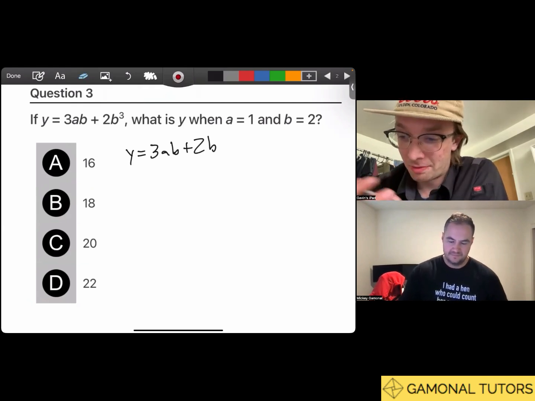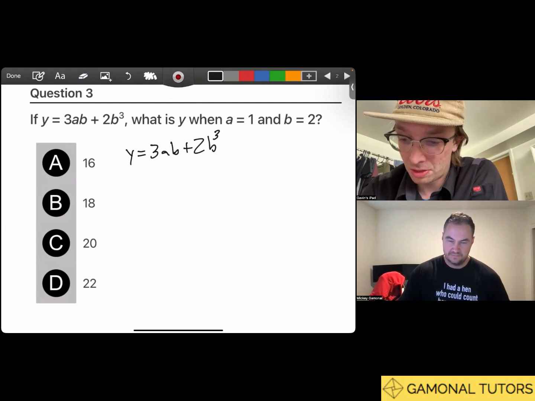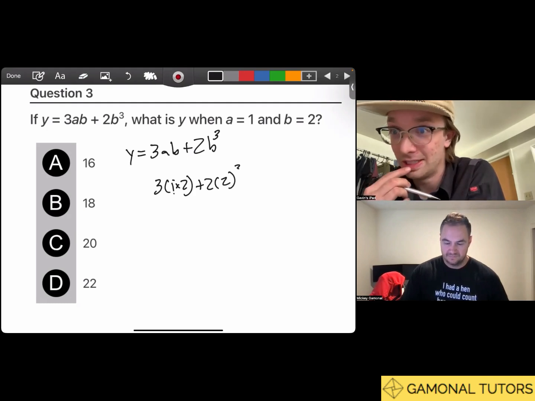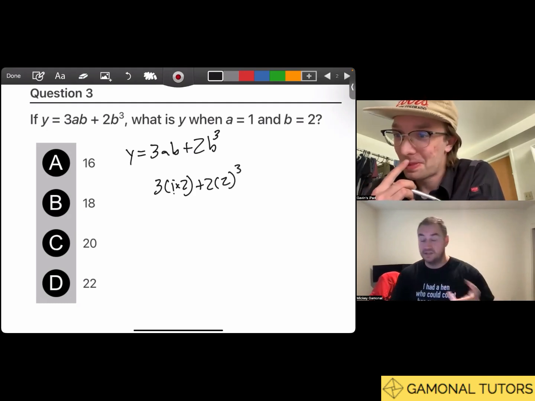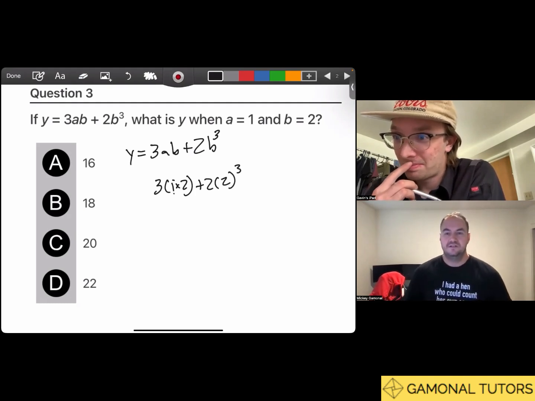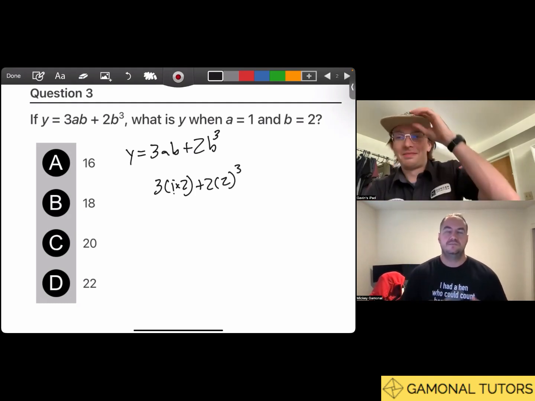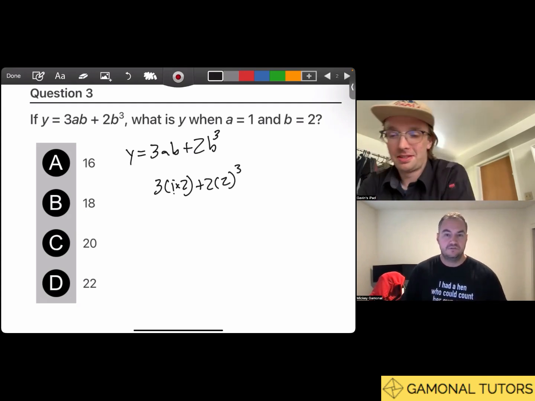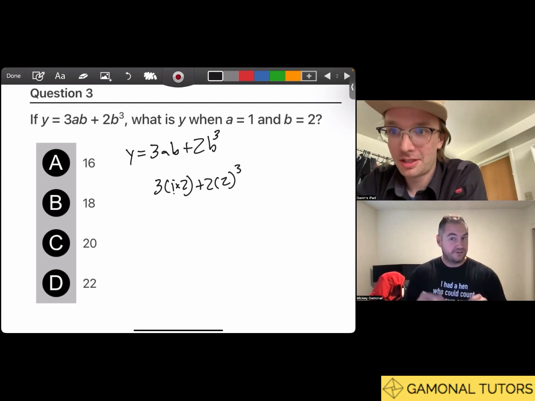Then if a is 1, I did 3, within the parentheses, 1 times 2, close parentheses, then plus 2, parentheses, 2, closed, then the 3 exponent. Nice. This is off to a great start. So now the mistake you made is definitely going to be exponent related, more likely than not. But let's go through it. What would you do next? Or is this as far as you got?